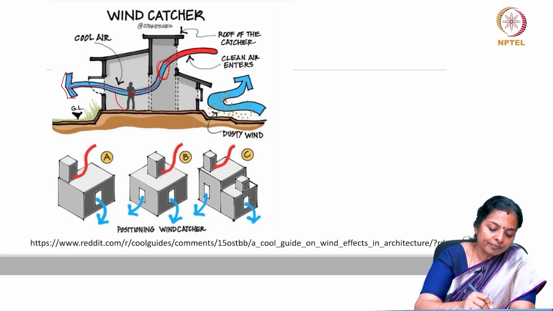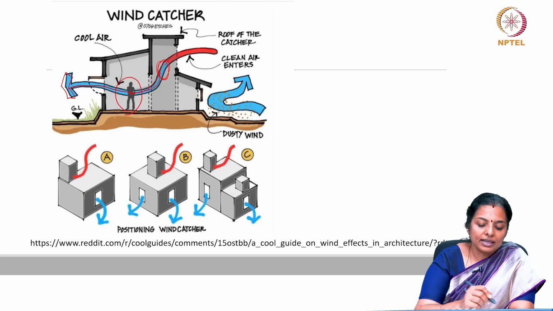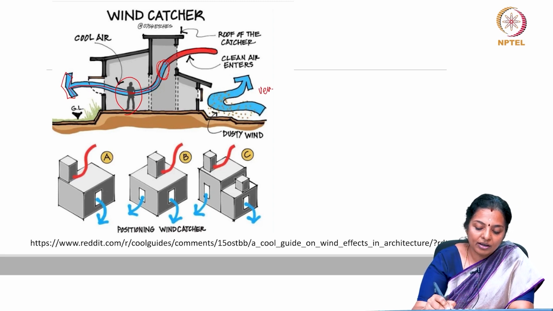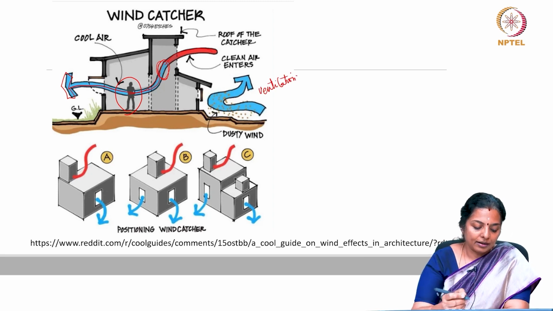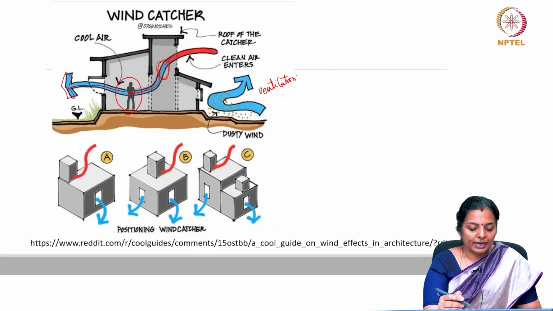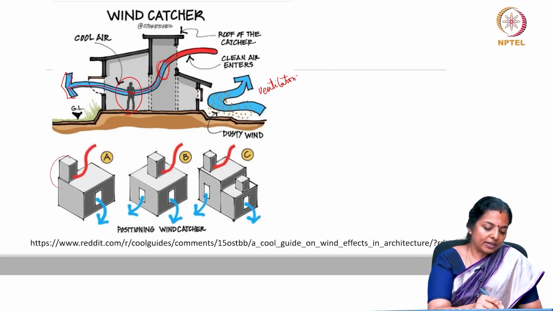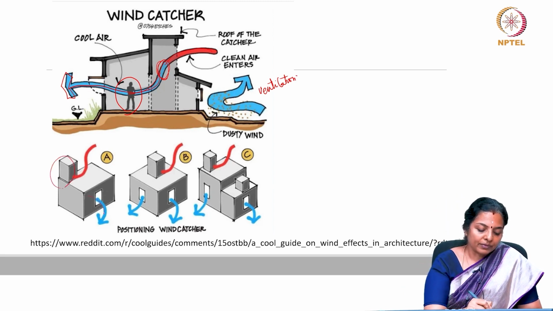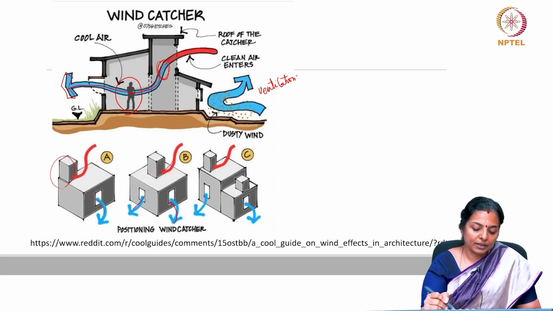Only then, at a human level, there will be adequate ventilation. And this principle can be used to position the wind catcher. So, you could have a wind catcher either on the corner with one outlet, in the center with multiple outlets, or you could have multiple wind catchers with multiple outlets.